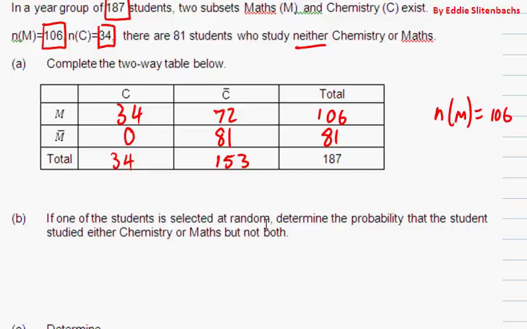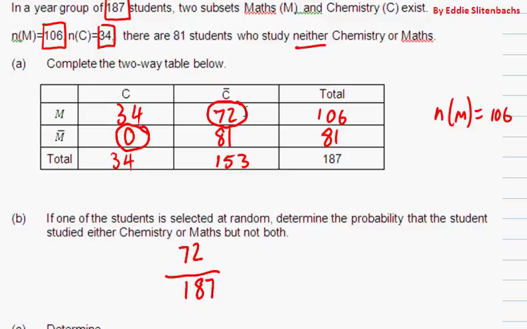Alright, so if we look at that, maths and not chemistry is 72, and chemistry and not maths is 0. So the total out of those two is going to be 72. Out of the whole group is our probability, which is 187.